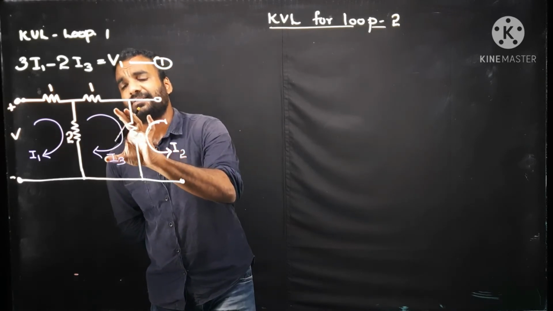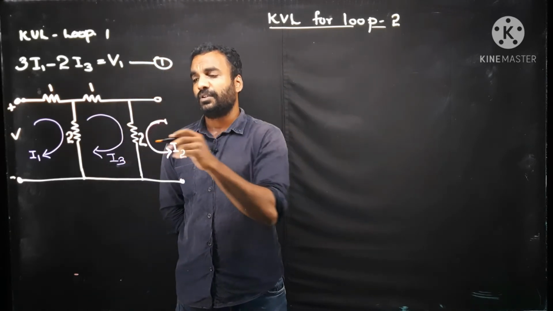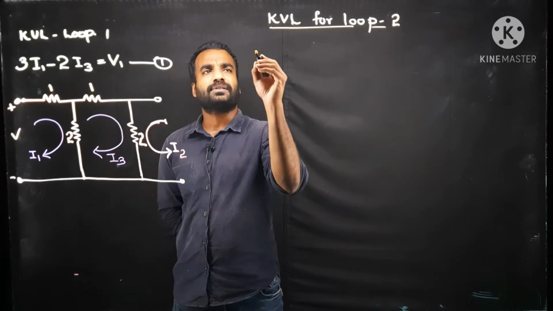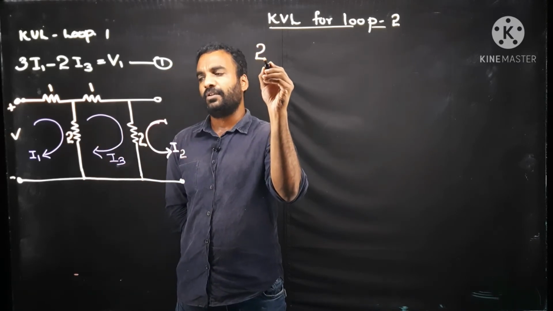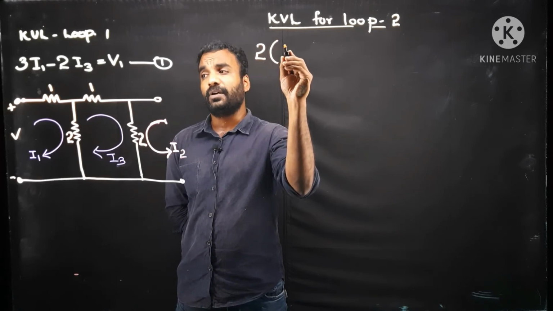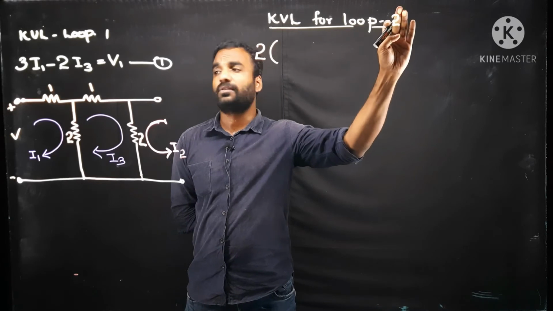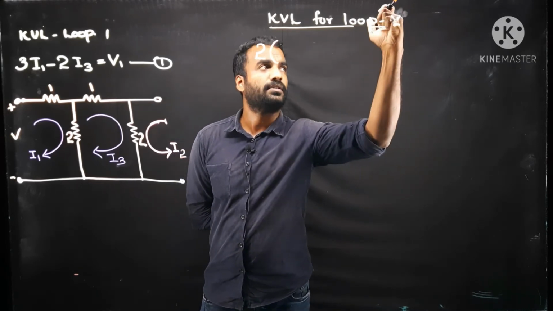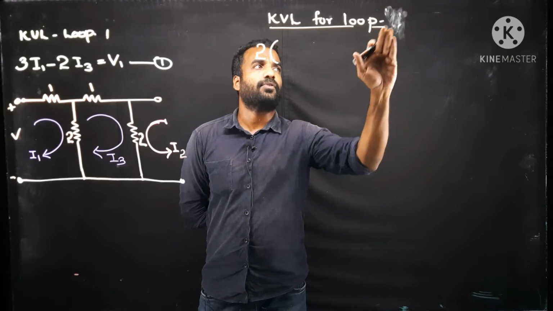So please tell me what is the KVL for loop 2. No voltage sources are there, so you can start from here. You are seeing 2 initially, 2 ohm into, as we are starting in loop 3, sorry, write it as loop 3 for avoiding confusions.